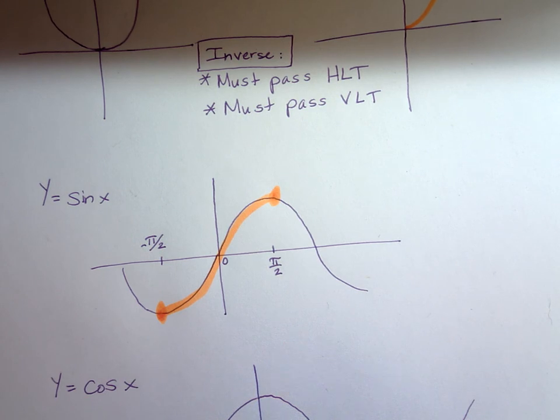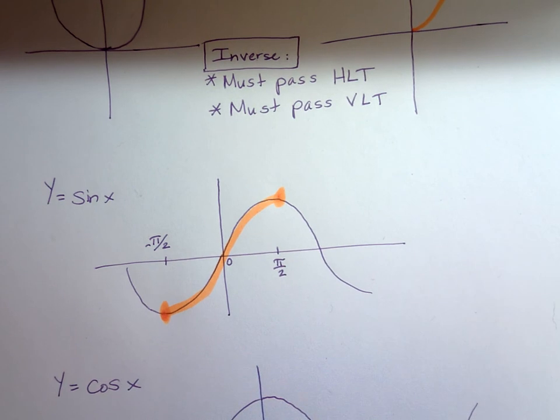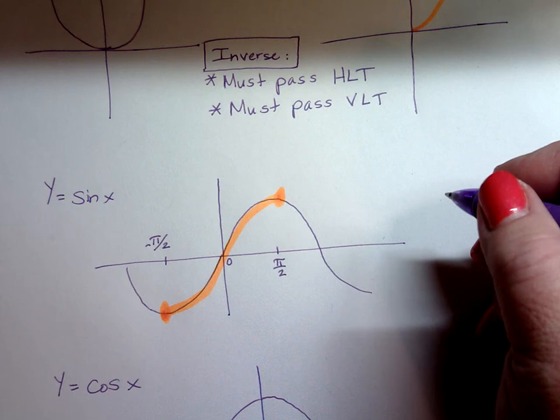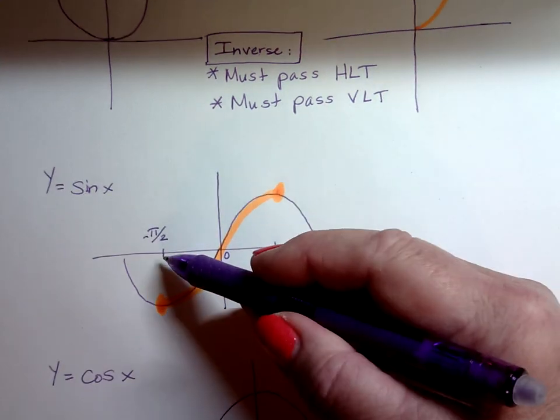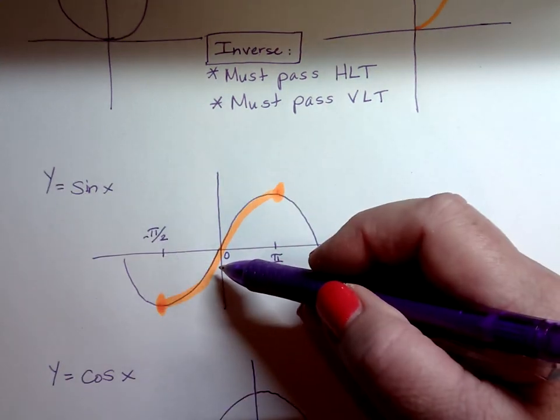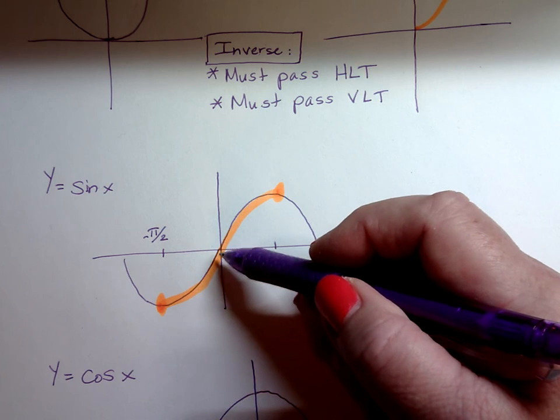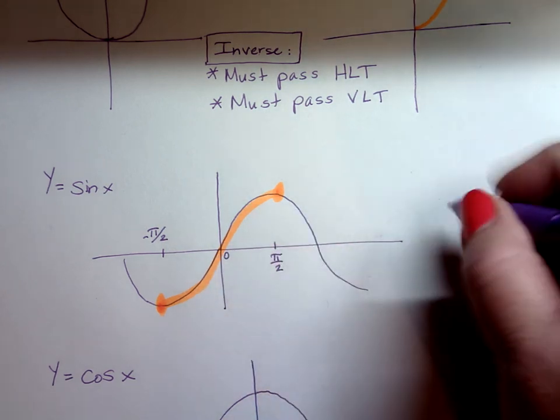So now let's think about what quadrants we're in, because that's going to be helpful to us when we look at the table that we've made of trig values. If I'm between negative pi over 2 and 0, think about your unit circle, I'm in quadrant 4.